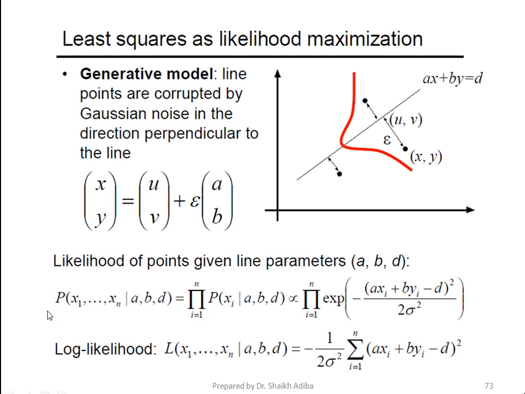That is the probability of the points x given line parameters a, b and d. So here we will be applying the Gaussian equation again, which is exponential of -(axi + byi - d) whole square upon 2 sigma square. And taking the log likelihood of this value, we get this equation.